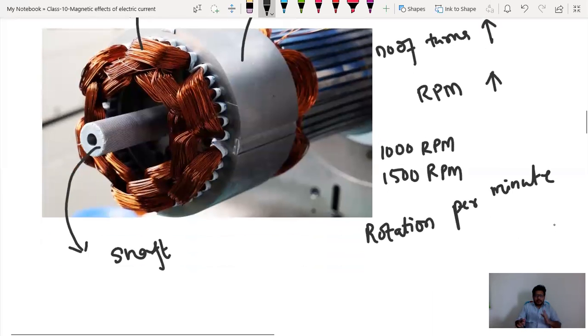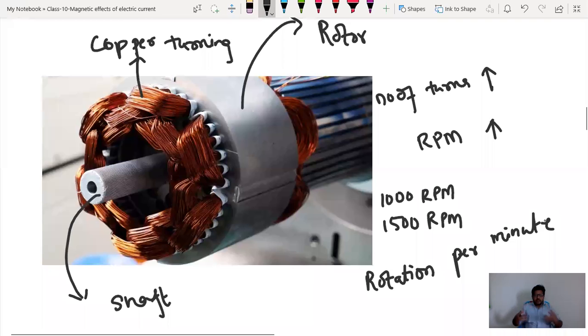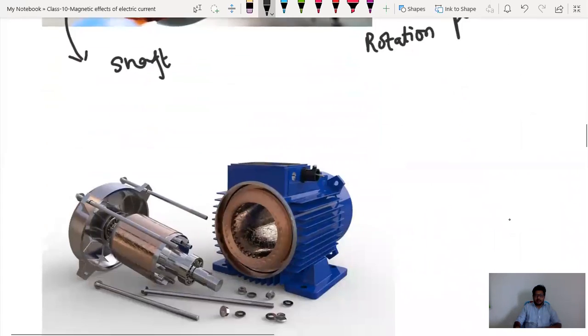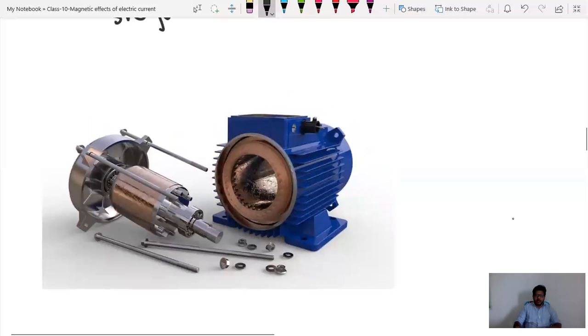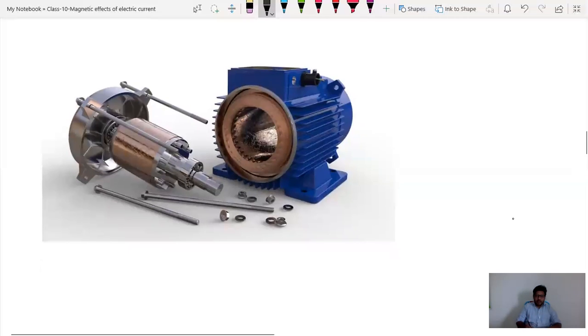So if you have a single turn, it will rotate slowly. If you have 10 turns, RPM will increase. If you have n number of turns, more RPM will be there, because as the number of turns increases, the magnetic field, force, everything will increase. Then you can see the assembling of the motor.